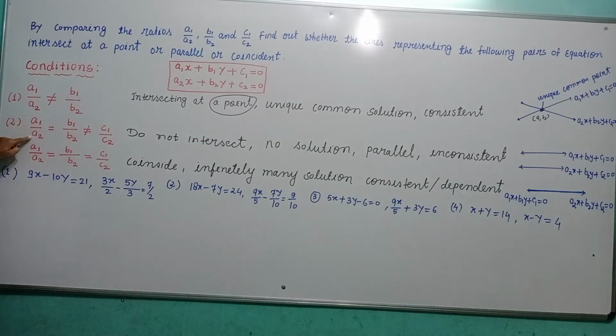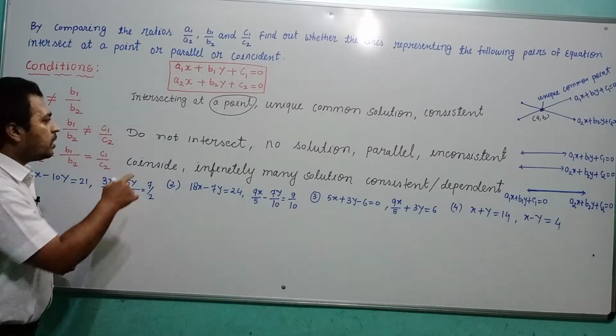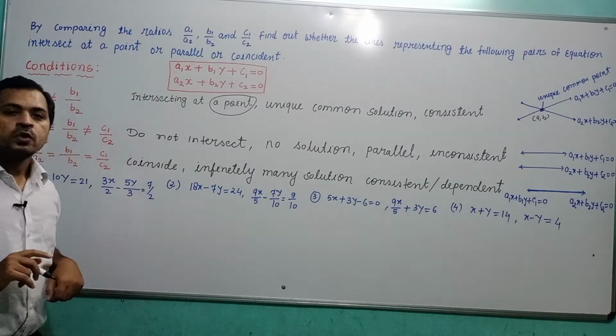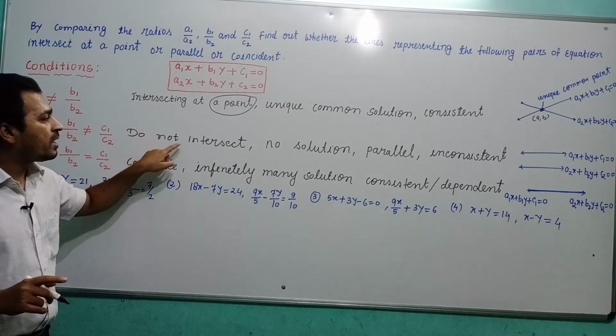If a1 by a2 is equal to b1 by b2 but not equal to c1 by c2, it means the lines will not intersect.